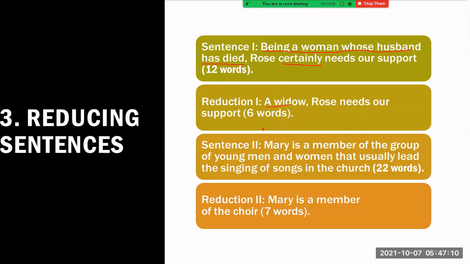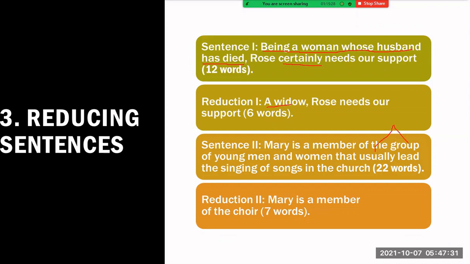6 words. Then the second example, Mary is a member of the group of young men and women that usually lead the singing of songs in the church. Here we have 22 words. Now, Rose is a member. We return that.